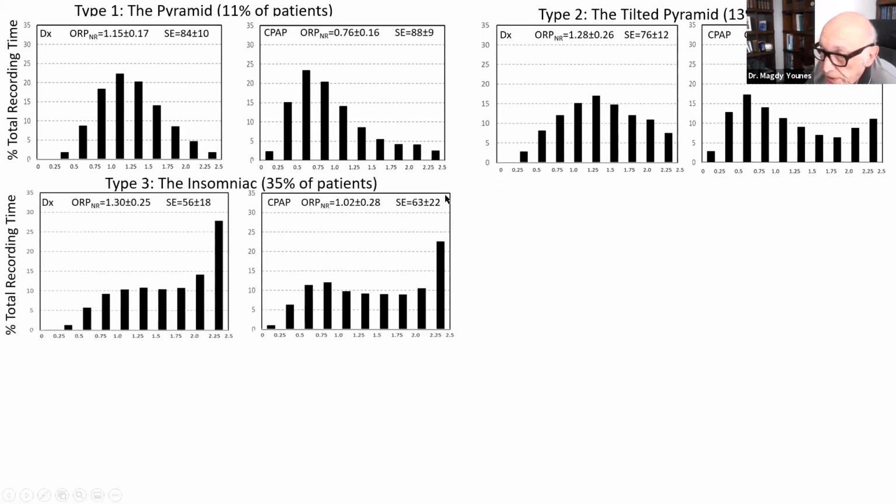This is type 3, the insomniac. Again, all of them have severe sleep apnea. What you can see is these went up a little bit. That's all that removing the OSA did, just increasing the amount in these here, decreasing in the bad levels. But you see the sleep efficiency went from 56 to 63, which is also not very good.